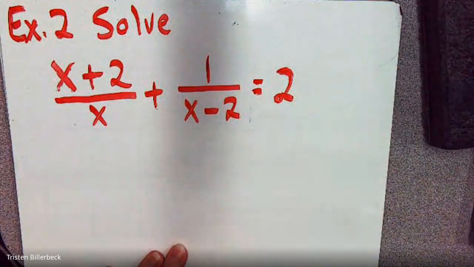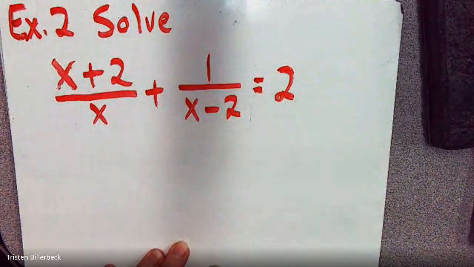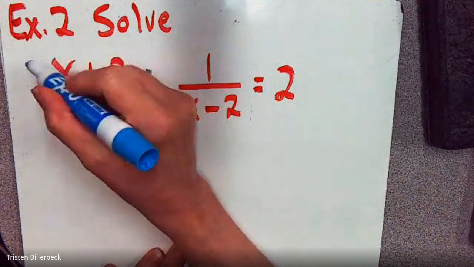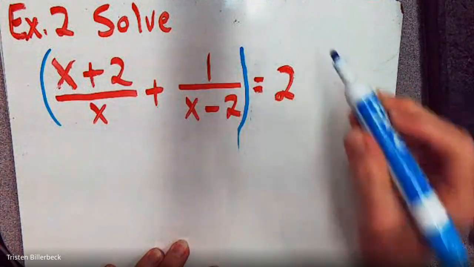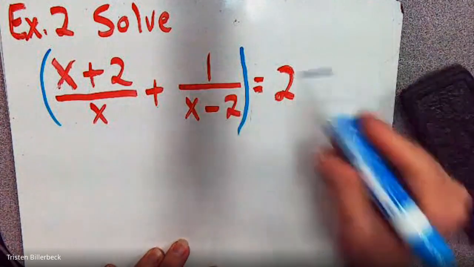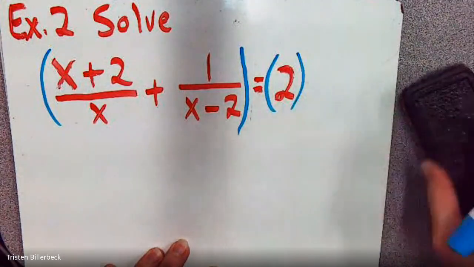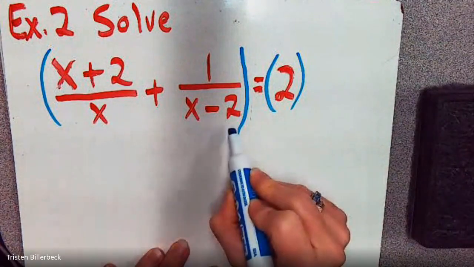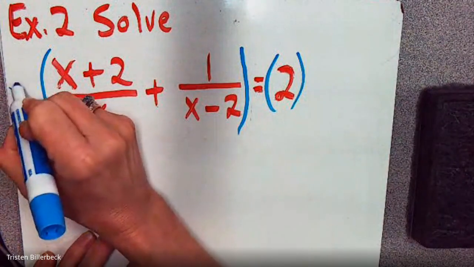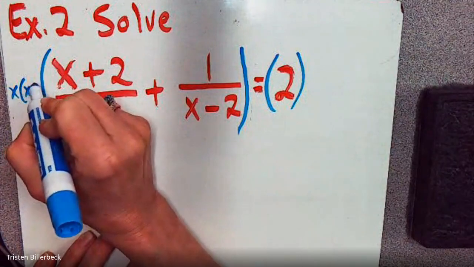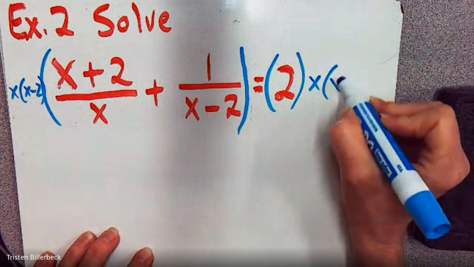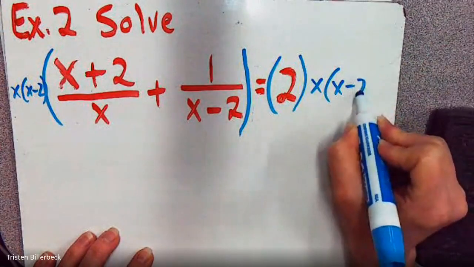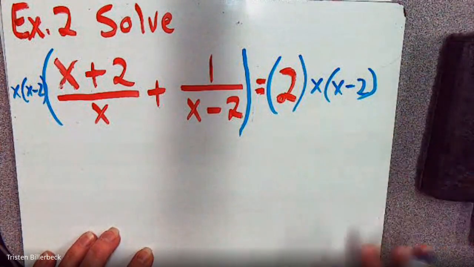So in this case, we're going to use the ninja fraction busting technique of multiplying by what is in the denominator. So I have an x and an x minus 2. So I'm going to multiply by x and x minus 2. And I'm going to do it on this side too, because I can't just do that to one side without doing it to the other.